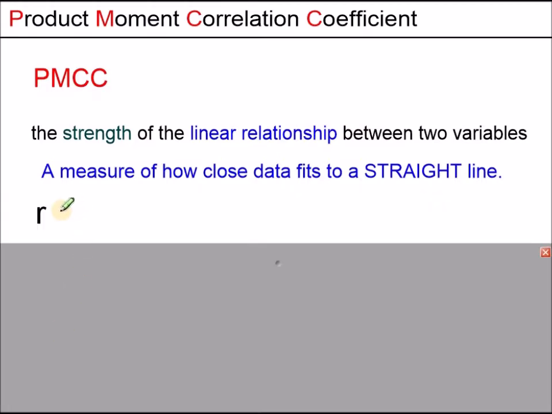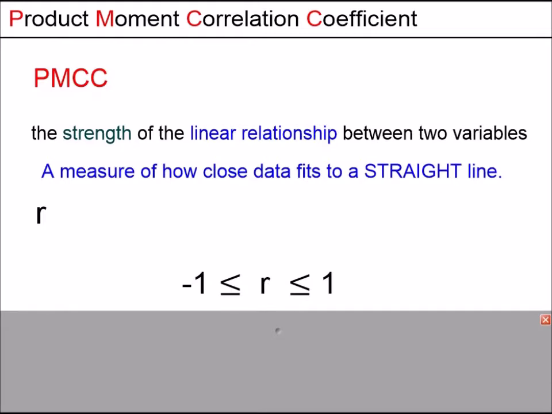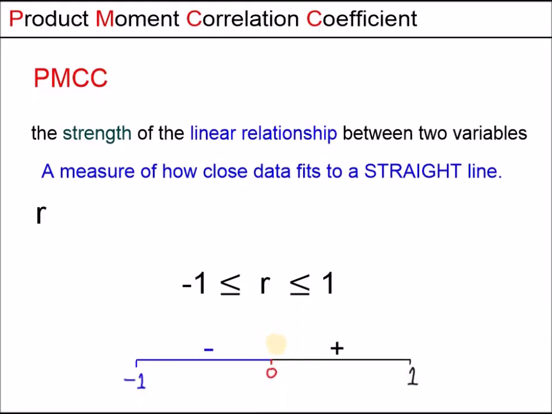The PMCC is represented by the letter R, and R can take any value between -1 and +1 on this scale. So an R value of 0 shows there is no correlation between two variables on a scatter graph. And you've got positive correlation, and then you've got negative correlation.